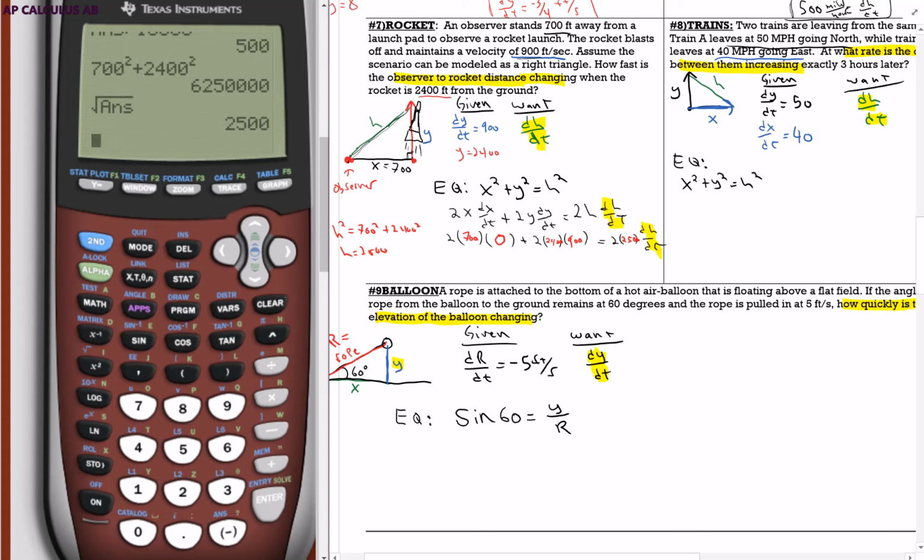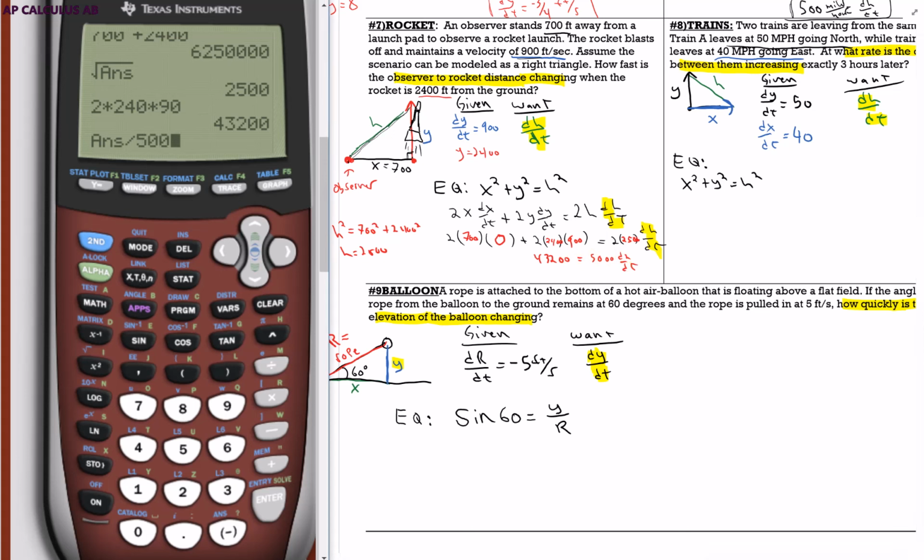This whole piece is 0, so it's this little piece here left. So 2 times 2400 times 900 is going to give me 43,000 equals 5,000 dh/dt. We divide both sides by 5,000, and you get 8.64. Sorry, I messed the number up here.